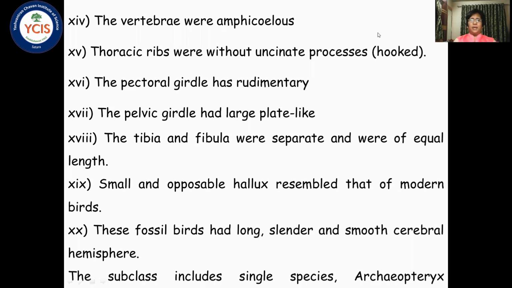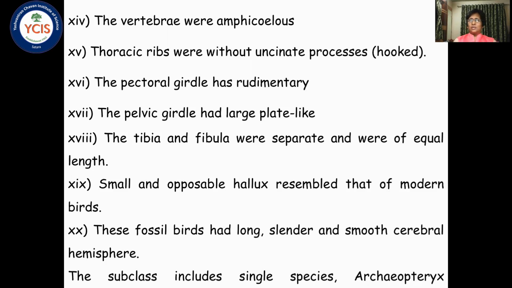The vertebrae present in these birds were amphicoelous, meaning biconcave. The thoracic ribs were without uncinate processes, meaning hooked processes. The pectoral girdle has a rudimentary, T-shaped interclavicle, and a narrow curved scapula is present.